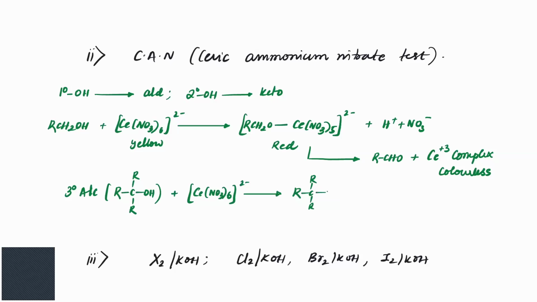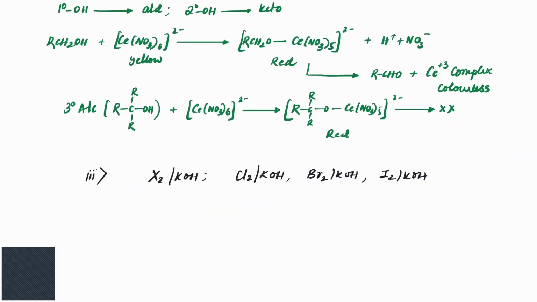So it will remain in the complex form, so red color, and further decolorization is not observed. So if the red color remains, that means it is a 3 degree alcohol. If the red color decolorizes over time, it must be a 1 degree or 2 degree alcohol.